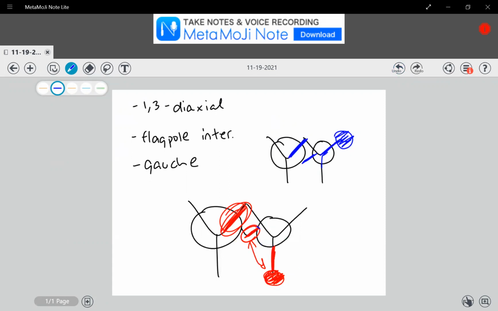Same idea, encroaching in each other's space, creating ring strain. So we fix that by making the substituent equatorial. We now have an anti-periplanar relationship, and we don't have 1,3 diaxial repulsion. And this decreases the amount of strain in the molecule.